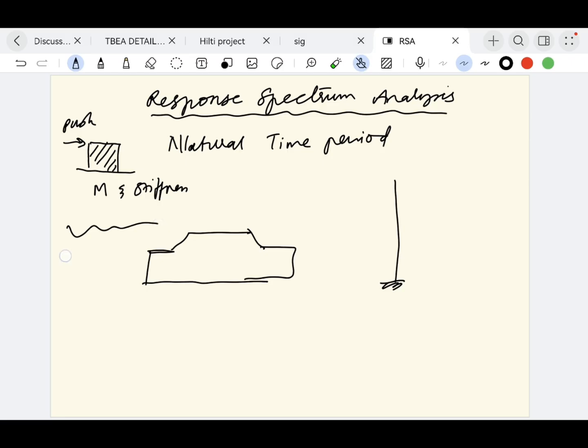When wind blows, both of them will vibrate. But as the car is heavyweight and the electrical pole is lighter, the electrical pole will have more vibrations than the car.